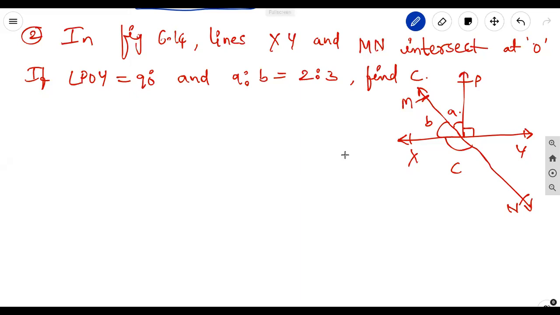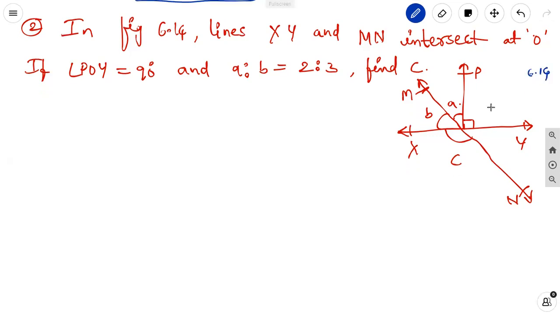The second problem, in figure 6.14, lines XY and MN, two lines, intersect at O, that is the point O. If angle POY equals 90 degrees, they have given it is 90 degrees.